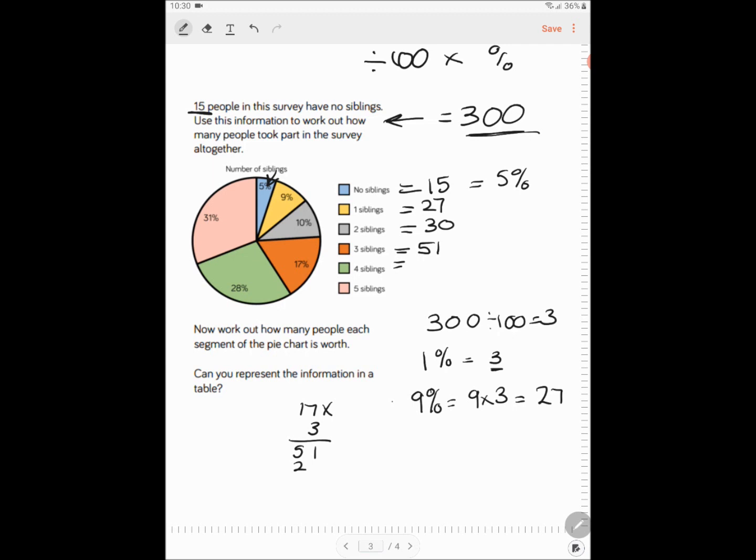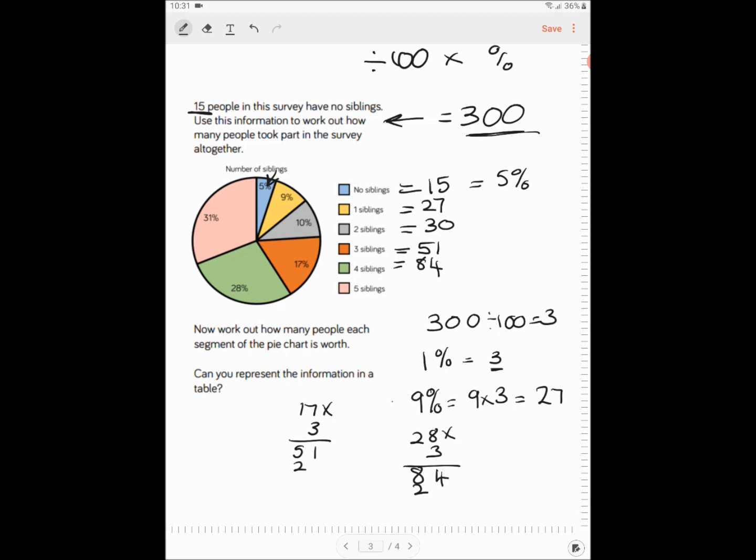Now, 4 siblings is 28%. So I'm going to go back to my 1% again, and I'm going to do 28 multiplied by 3. 8 3s are 24. 2 3s are 6. Add the 2 gives me 8. So 84 people had 4 siblings. And the final amount was this 31%.